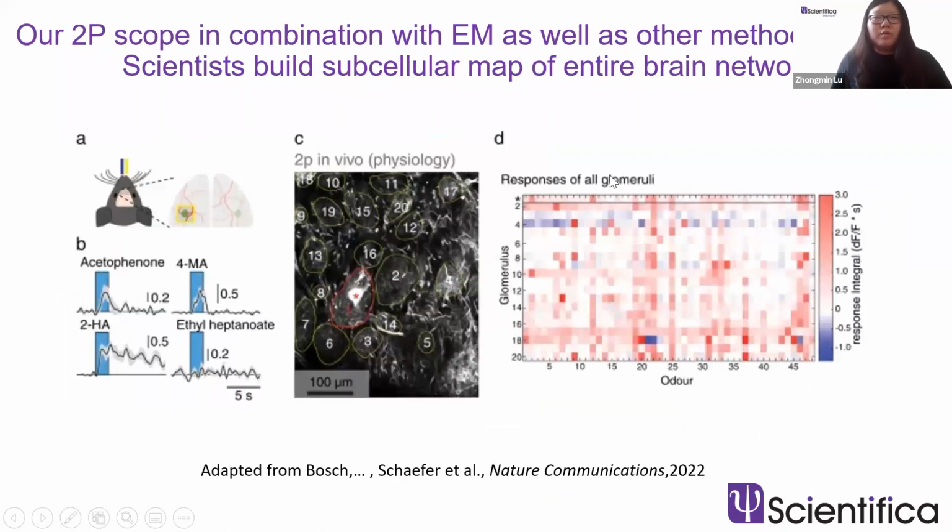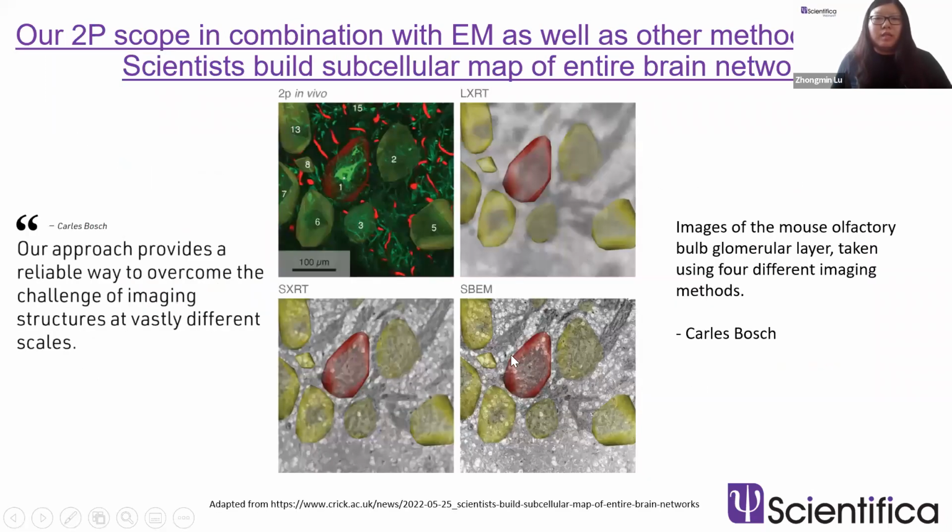Also, our 2-photon microscope can be combined with electron microscopy to help scientists build a subcellular map of entire brain networks, with all the exquisite details in functional profiles provided by our 2-photon microscope imaging, and also the ultrastructural details as shown in the serial block electron microscopy.